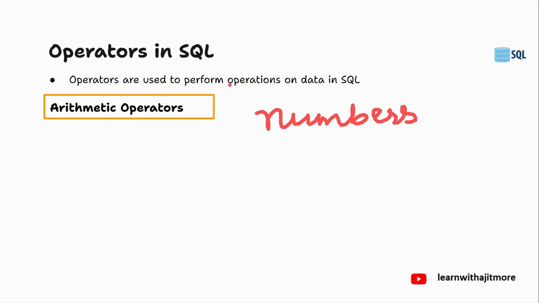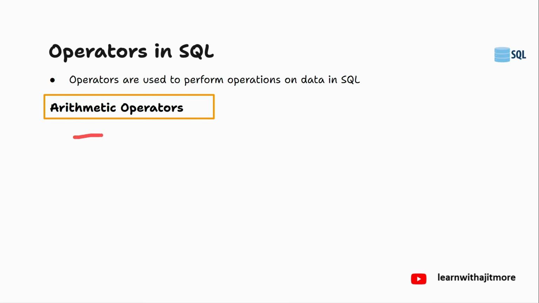But the operators which work on numbers are called arithmetic operators, because we know arithmetic means doing operations on numbers, right? Or you can call it algebraic or mathematical operations. So whenever you are doing any mathematical operations, they are called arithmetic. Okay? So who all come under this category?